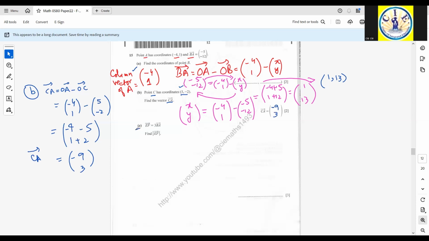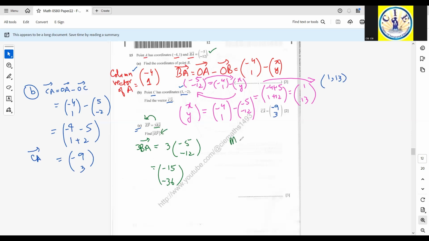And then in part C, EF is equal to 3 times BA. So 3 times BA is actually 3 times the vector BA, this one, which will give me -15, -36. And that is equal to the vector EF, and I need to find out the magnitude of the vector EF.